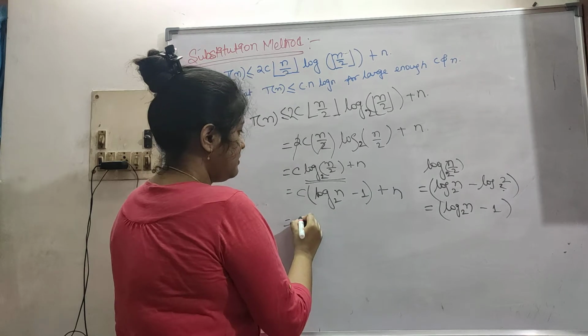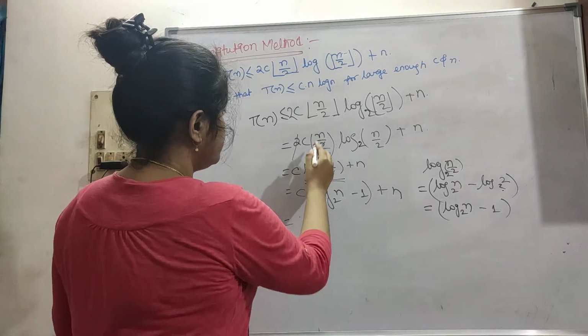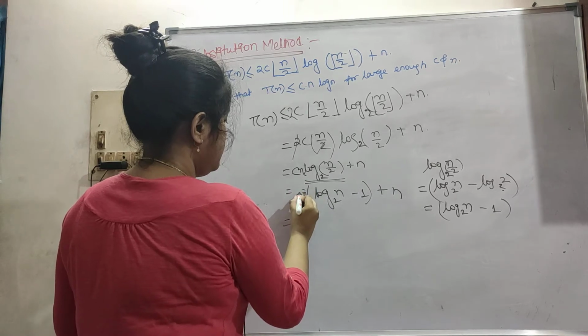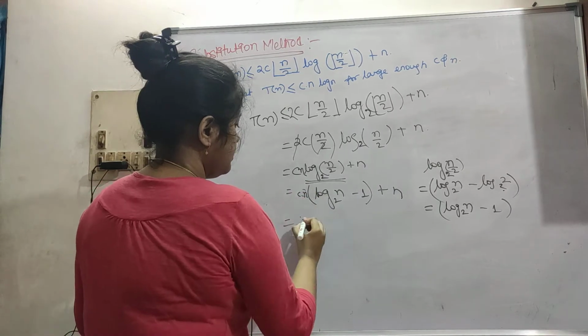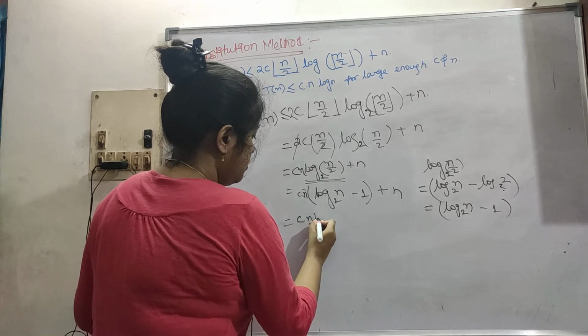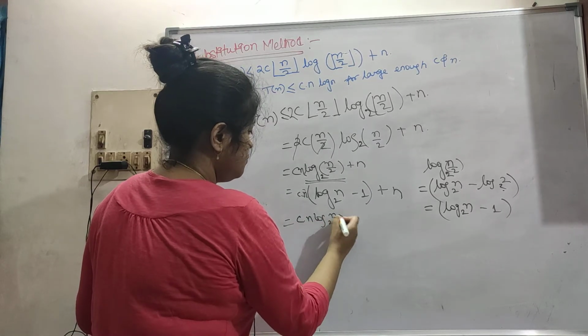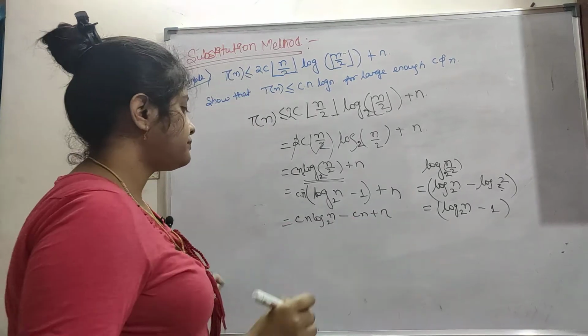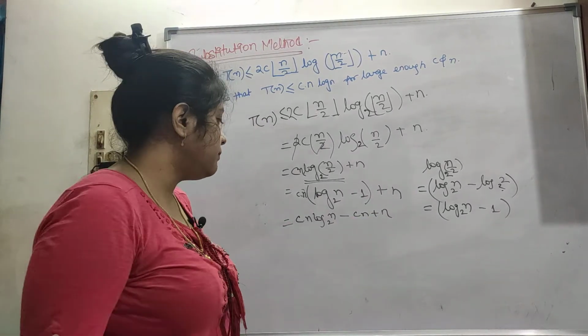So it is coming as, sorry I missed, n was there: c times n times log n base 2 minus cn plus n. With more examples it will be more clear.